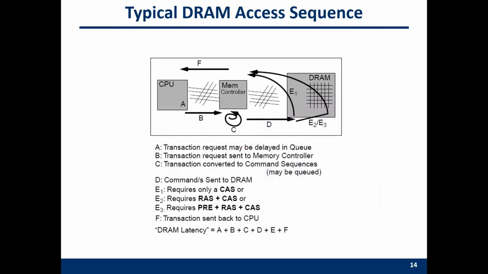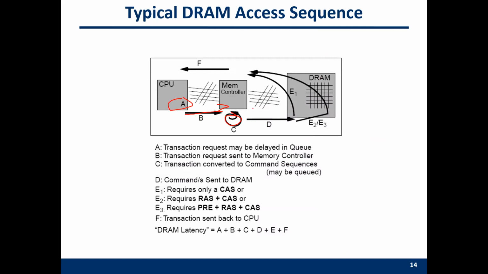Even for one read operation, you can see we have multiple steps. We have a lot of queues to buffer the commands, to buffer the requests. First, the CPU generates a request. Second, the request will be sent to the memory controller. The memory controller can do some scheduling, can translate the high-level request to low-level commands the DRAM can understand.